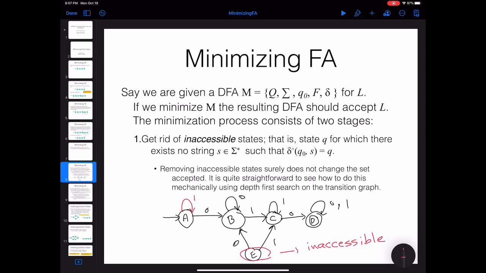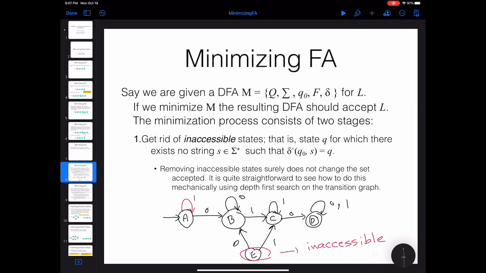And how can we do it? We can simply think about your finite state as a graph and run a depth first search or a breadth first search. Both of them are going to work, and both of them have the same time complexity.